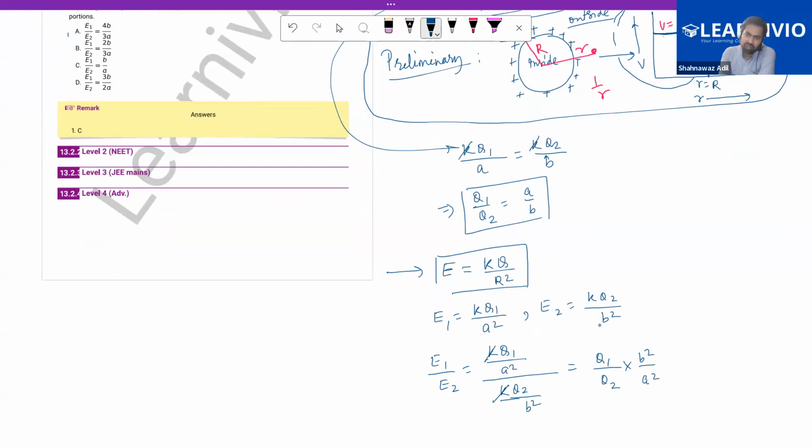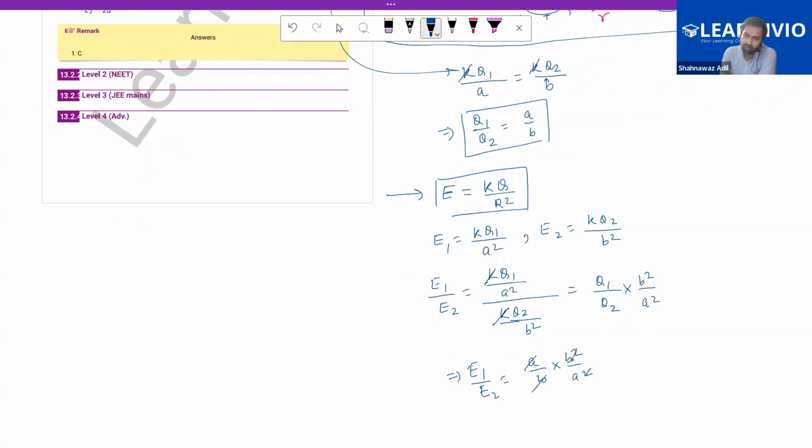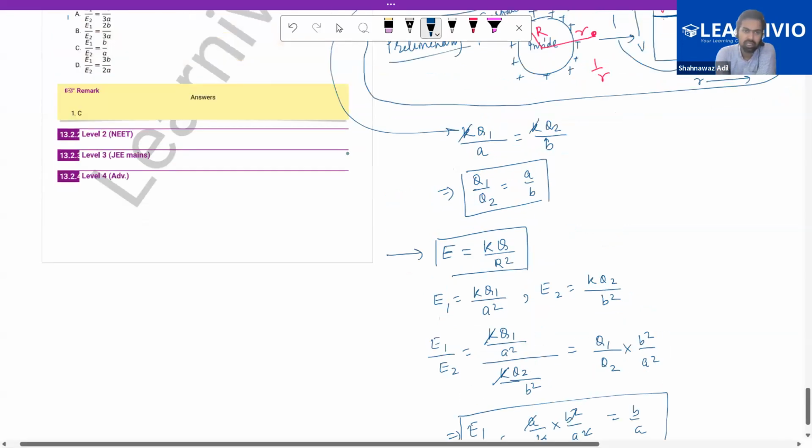So Q1 by Q2 we have already calculated, so we put this value. This is A by B into B square by A square. So A cancels, B cancels, and this is B by A. So this is the ratio. Okay, is it clear?